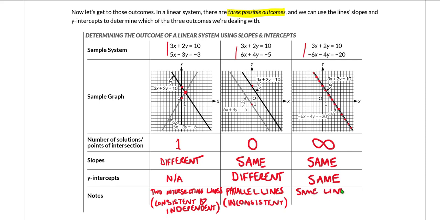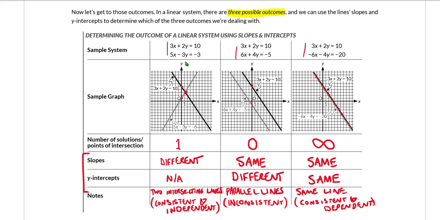So when our slopes and y-intercepts are the same, we will have the same line. Same line, and the technical name for this, again, probably won't see these terms show up on the test, is consistent and dependent. Those are the 3 outcomes of a linear system which you can determine using slopes and y-intercepts.